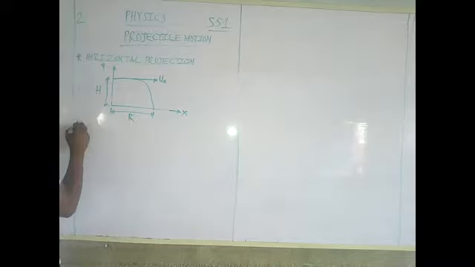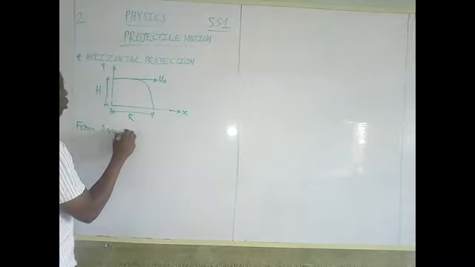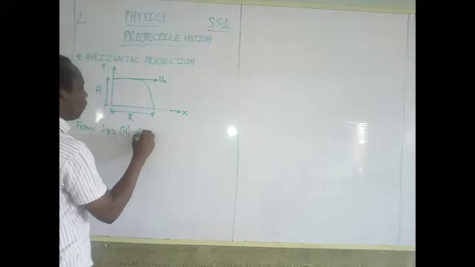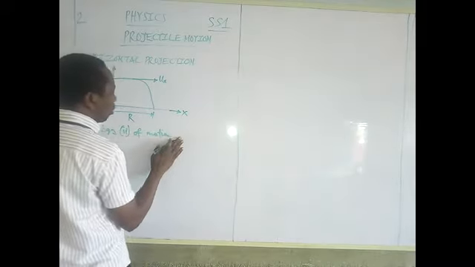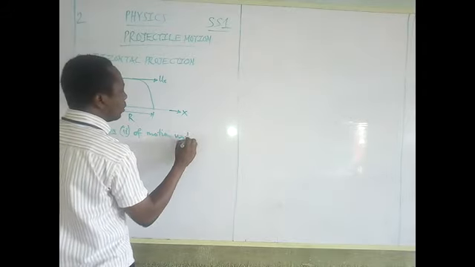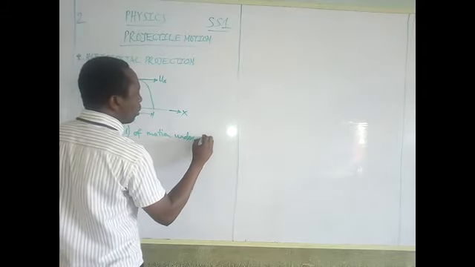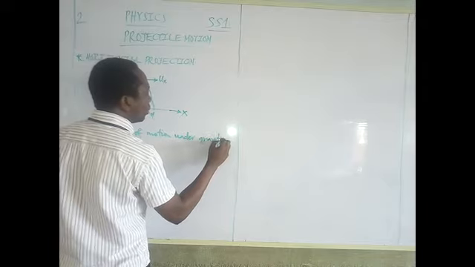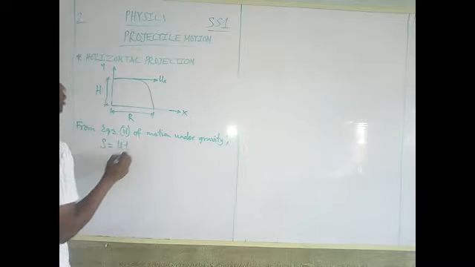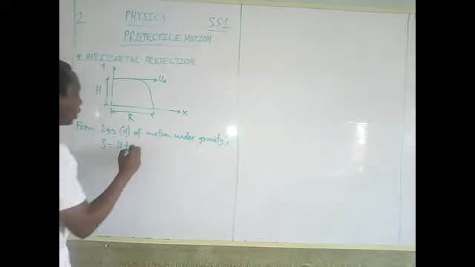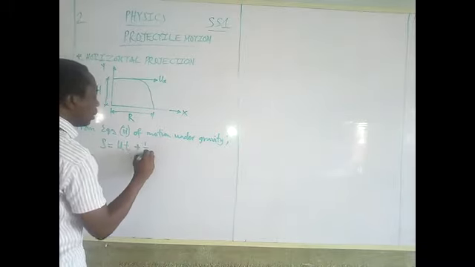Now, from equation 2 of motion under gravity, or vertical projection, we know that S is equal to ut plus 1/2 gt squared. This time around the body is coming down, so our g will carry plus.